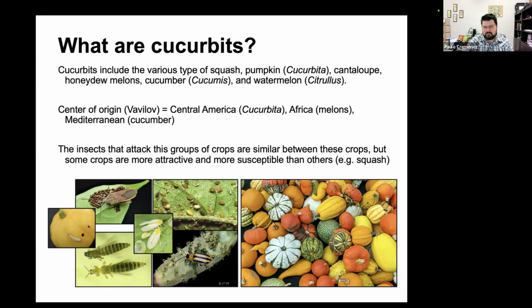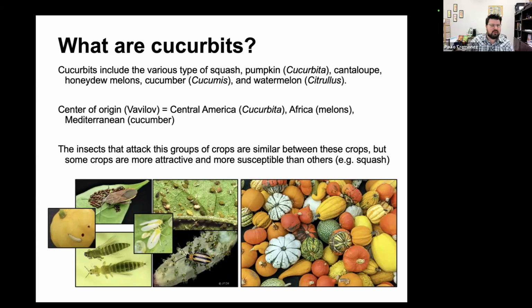Well, this ties back to the different types of pests that we have in the system, because different coevolutionary paths went together when we included these different species in our cultivations.